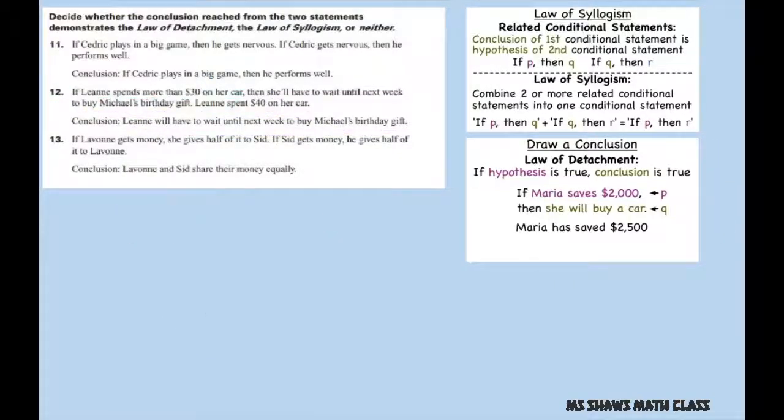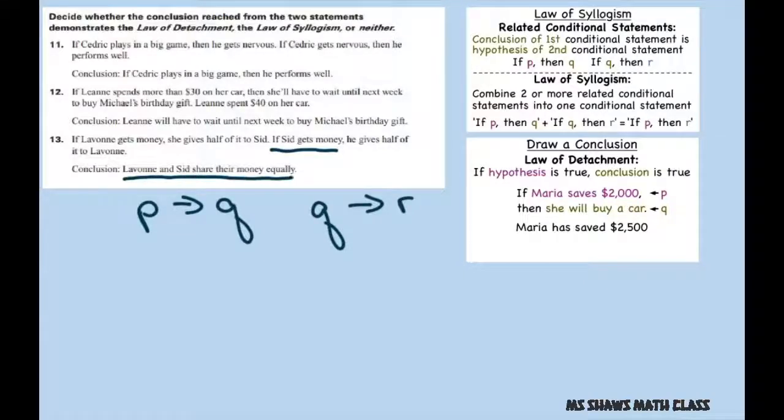All right, and finally we have 13. If LaVon gets money, she gives half of it to Sid. So if P, then Q. If Sid gets money, he gives half to LaVon. Conclusion is LaVon and Sid share their money equally.